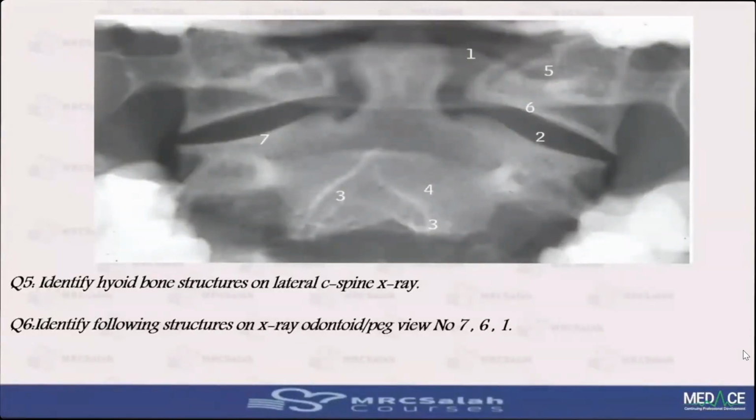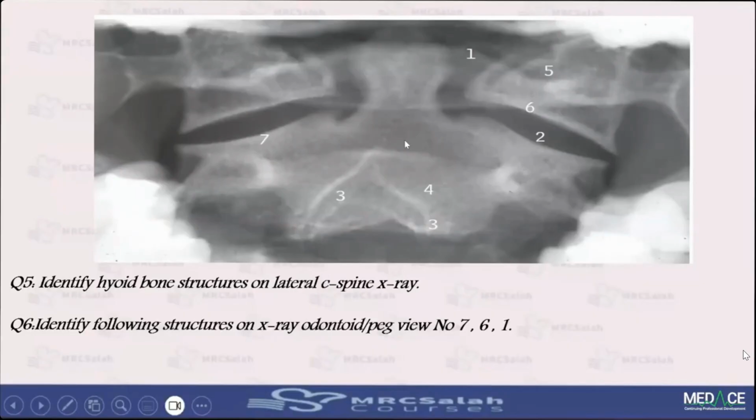Number 1 is the anterior arch of the atlas. Number 7 is the superior articular process of the atlas, and number 6 is the inferior articular process of the, no, number 7 is the superior articular process of the axis.